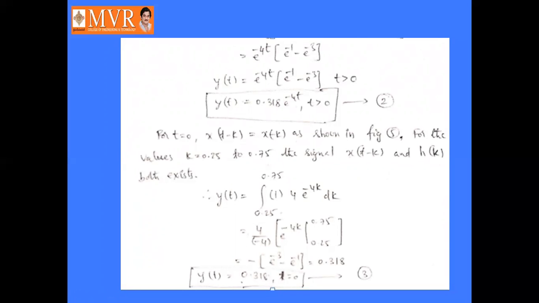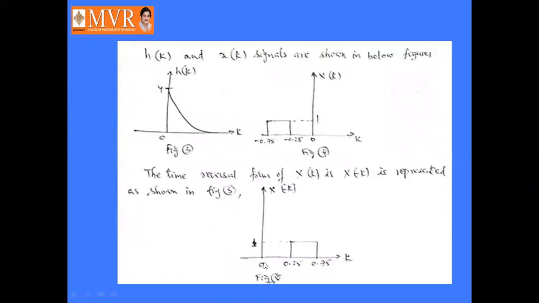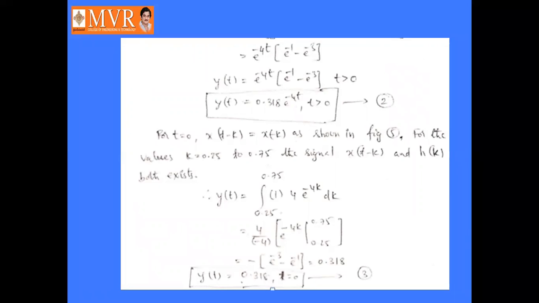So for t equal to 0, x of t minus k is equal to x of minus k, which is as shown in figure 5. So this is this one. So for t equal to 0, this is the figure. For the values 0.25 to 0.75, the signals x of t minus k and h of k both exist.